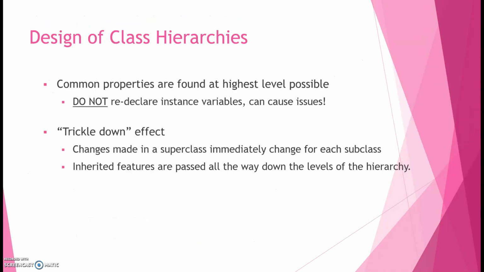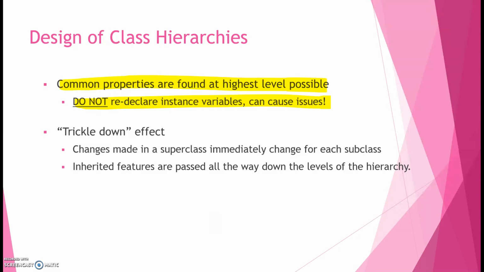When we are designing classes, there are a couple of things that we want to really try to drive home. One of the biggest ideas to remember is that we want to have the common properties at the highest level possible. And we do not want to redeclare instance variables.